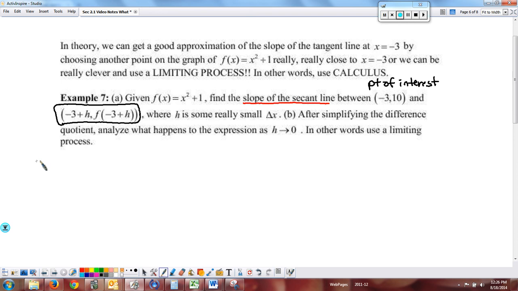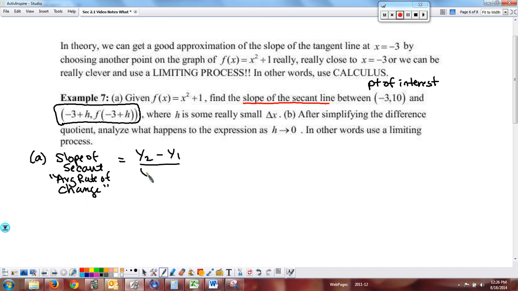Okay? So my difference quotient, so part A, the slope of the secant line, also known as average rate of change, we are going to find by doing our change in y over change in x. So y2 minus y1 over x2 minus x1.